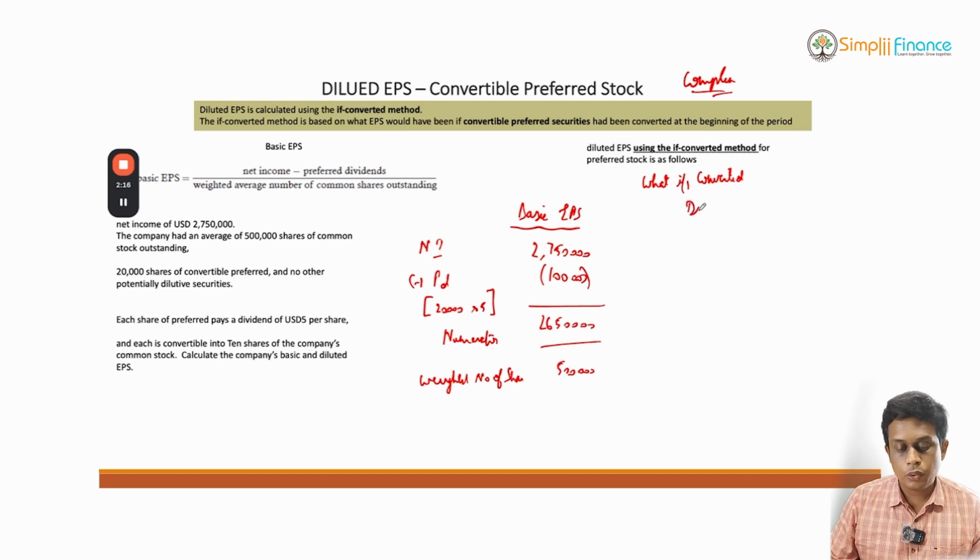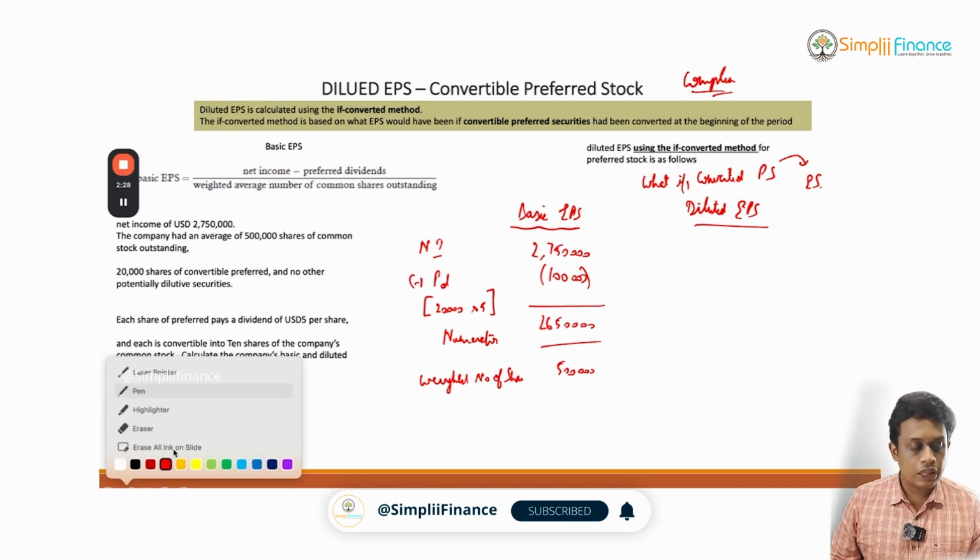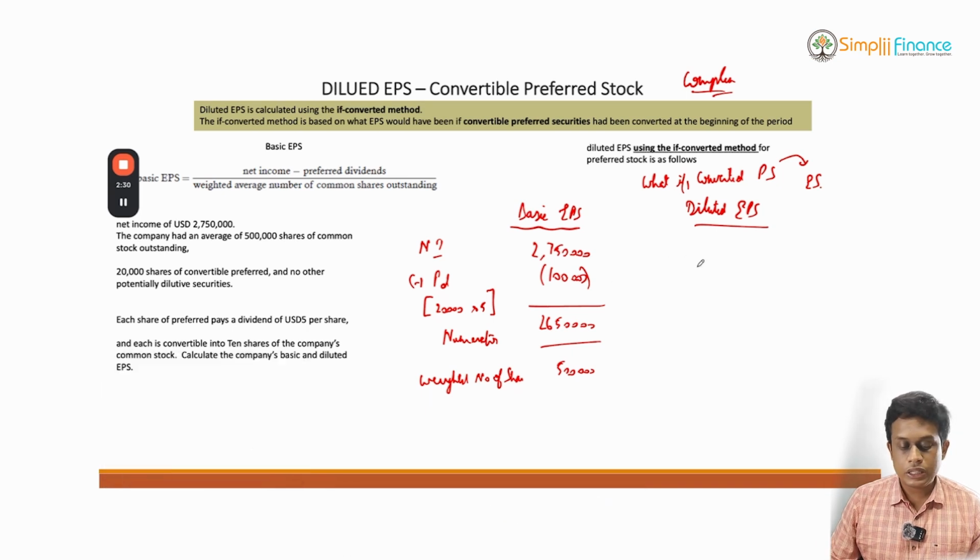Okay, so this becomes the denominator. Now for the diluted EPS, what if these preference shares get converted into equity shares? If they get converted into equity shares, then the company doesn't have to pay preference dividends.